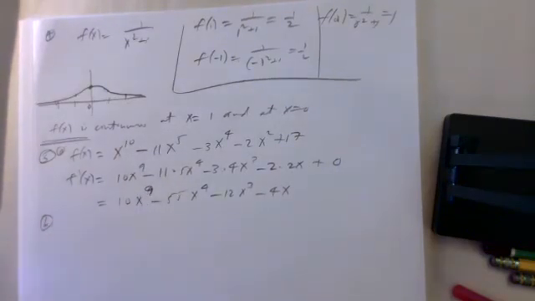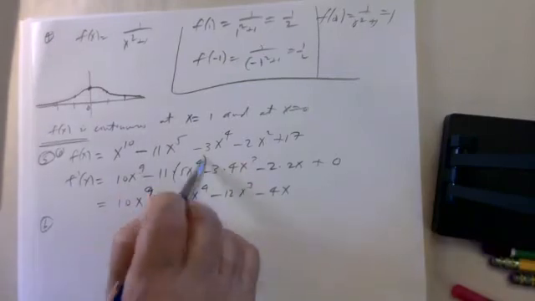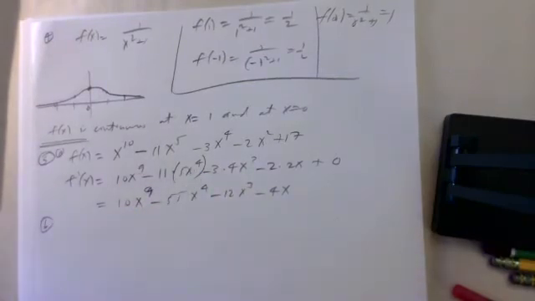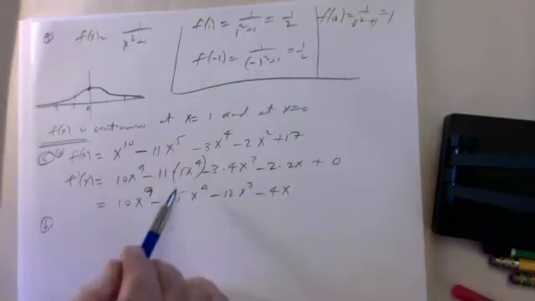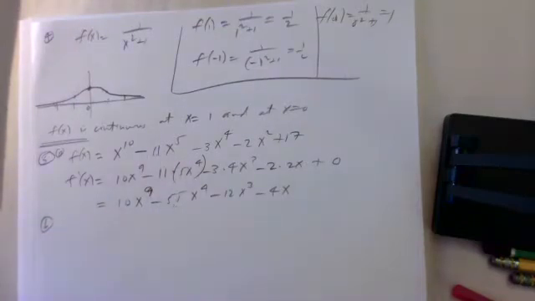That's what he's asking. It's 55x to the power 4. Yeah, 11 times 5. The derivative of x to the 5th is 5x to the 4th times 11. Gives you 55.